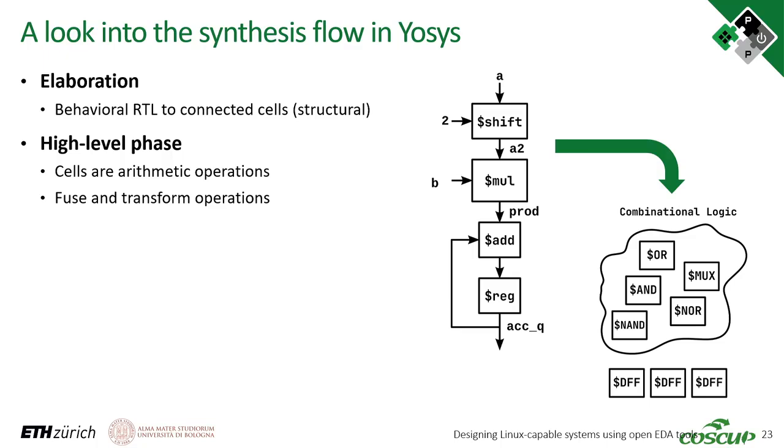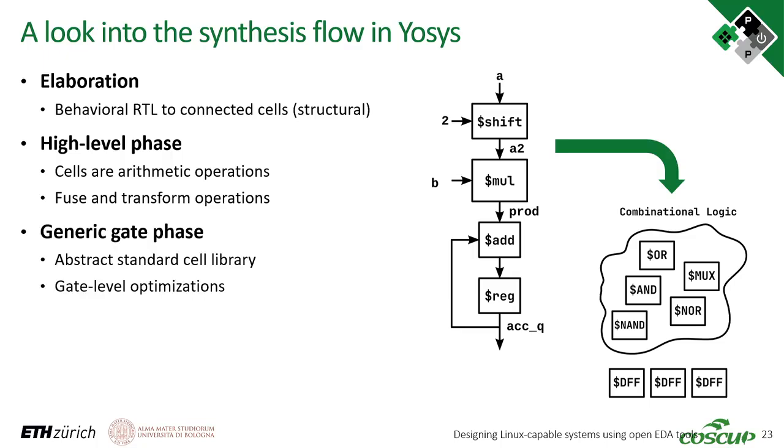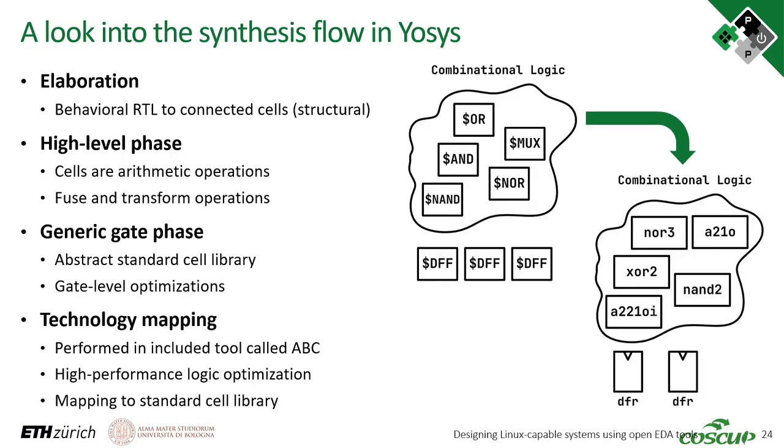Then, in a next step, it can convert this high-level representation into a generic gate representation. These cells on the right are very close to actual standard cells, but they aren't technology dependent. They are just internal cells for Yosys, so that it can start to perform optimizations on a gate-level netlist.